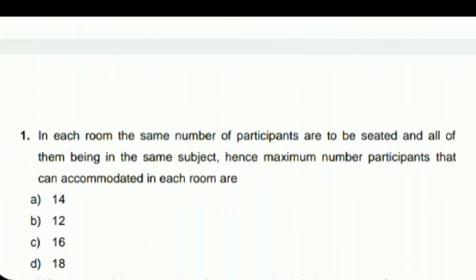Similarly, you have to break 84 in such a way that an equal number of participants are sitting in each room. So you are finding factors, that too a common factor, and that should be maximum. You can have many common factors, but you need to find the highest one, beyond which you don't have any such number that lets you make the same number of participants sit in a particular room, all of them being of the same subject.